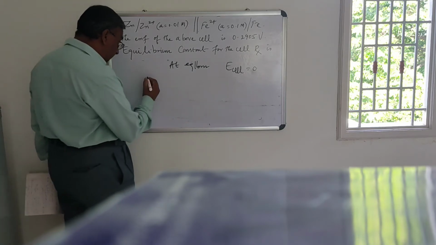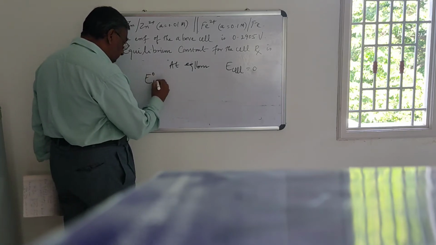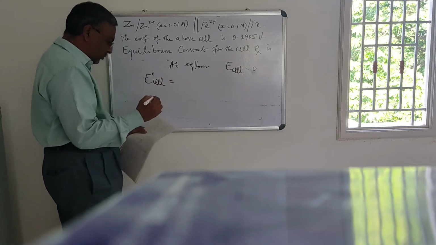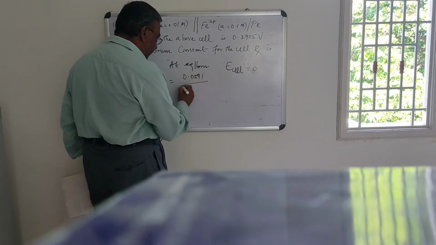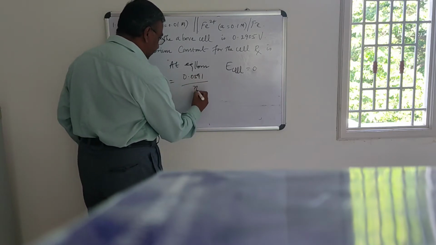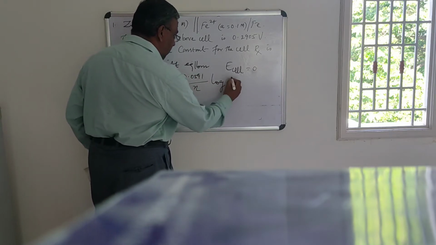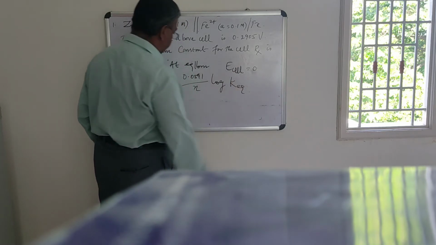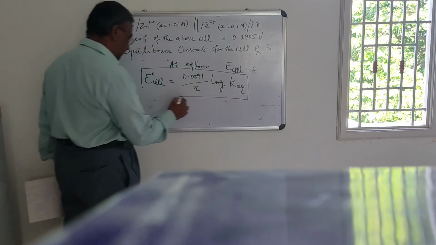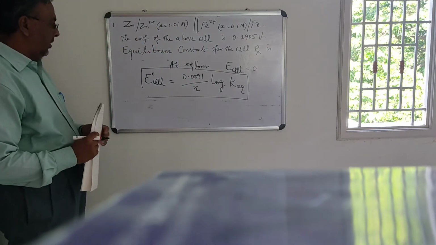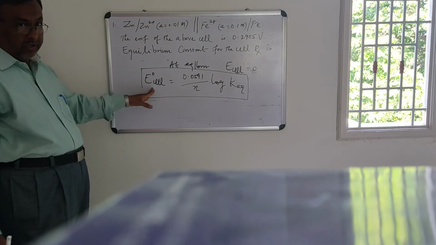But the formula is E naught cell equal to 0.0591 divided by n into log of equilibrium constant. This is the formula we have to use. That is why we have found out E naught cell.